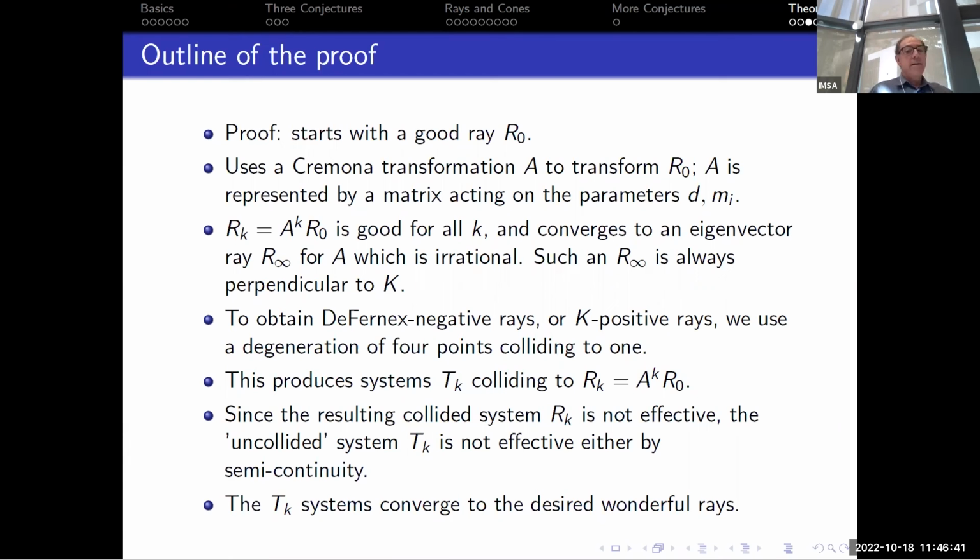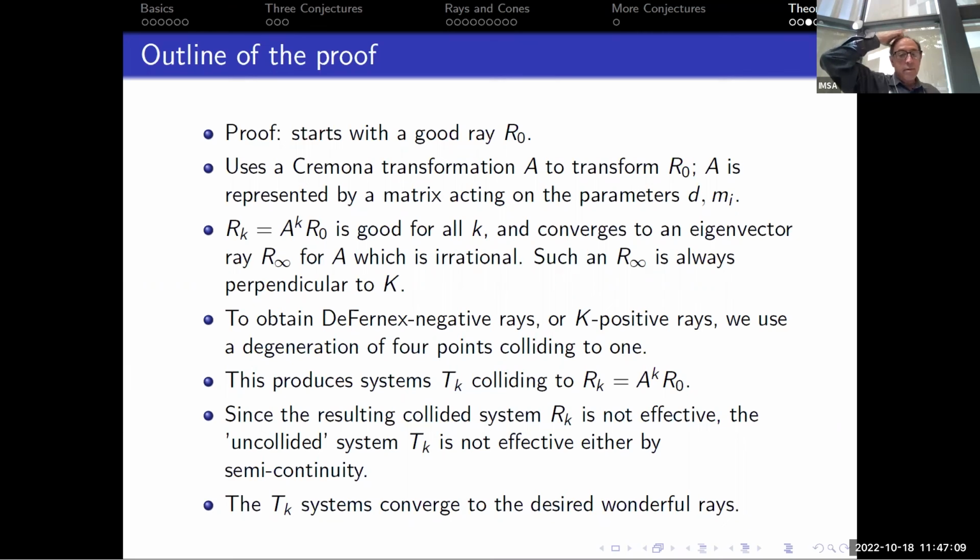Now that limit lies in the k equals 0 part, unfortunately, but it gives these wonderful rays with k equals 0. Now, if you want to jump into the positive part, you have to work a little harder. So what you do is you can take four points and collide them together to get one point, okay?